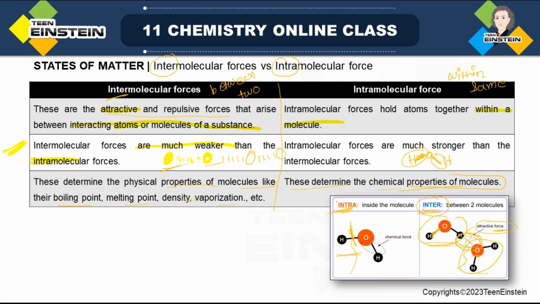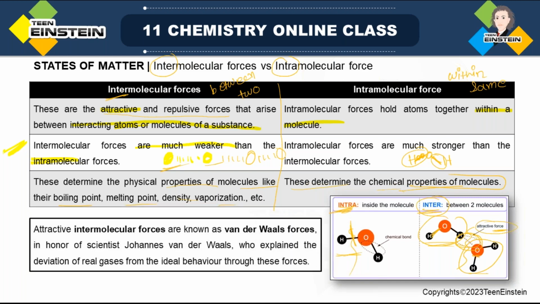So in this way you can compare these two, but now we will switch to only intermolecular force, and focus mainly on the attractive intermolecular force. Collectively, there is a common term we use for attractive intermolecular forces, which is van der Waals force.